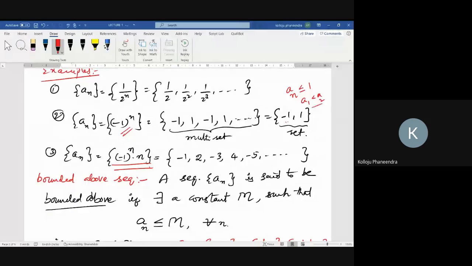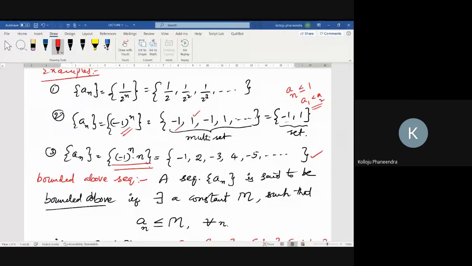But coming to monotonic increasing, it is true. It is a bounded sequence and a monotonically increasing sequence. So what about the third example, sir? It is (-1)^n into n. When I raise n values, if n equals 1, we get negative 1.